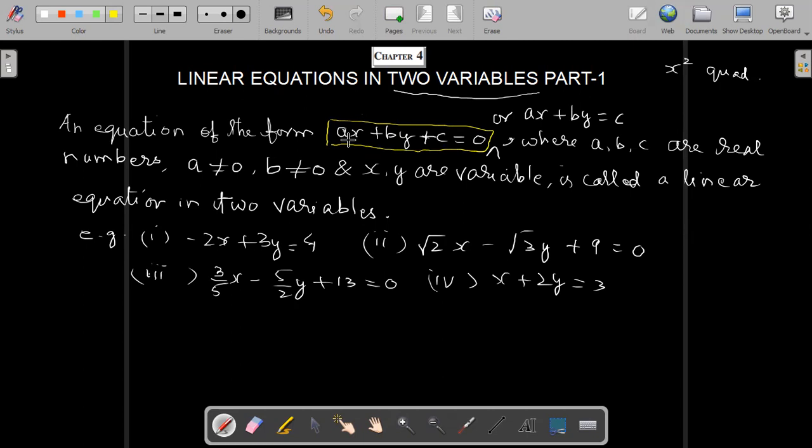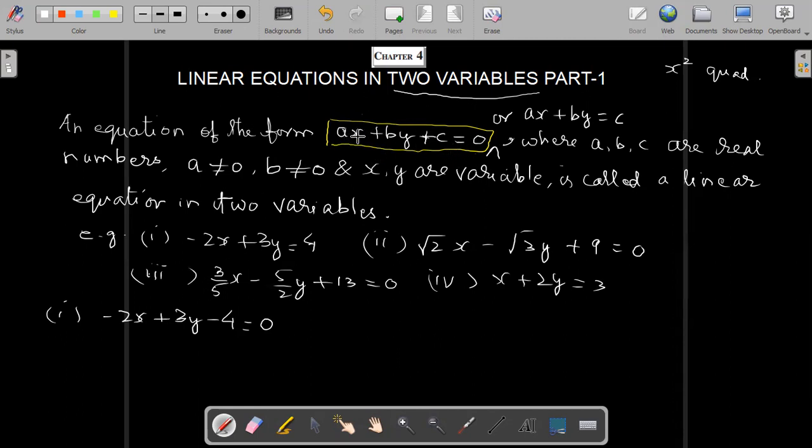One more thing here: in every equation you should know what a, b, and c are. Generally, if we take equation number 1, we write it in the format ax plus by plus c. So the 4 will be taken to the left hand side. All terms should be transposed to the left hand side, and then you can compare with the standard form ax plus by plus c.